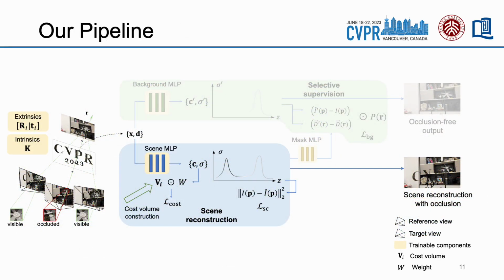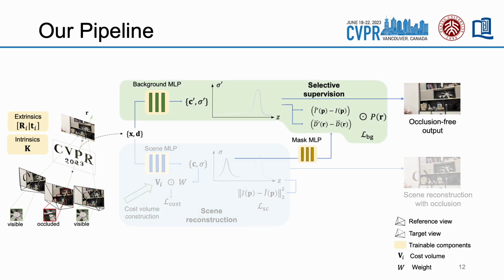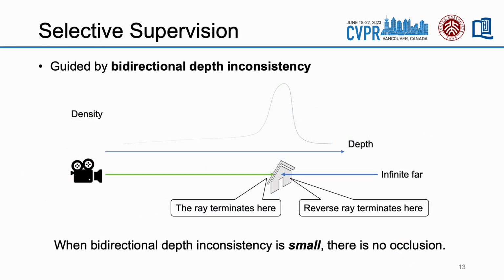With the aforementioned joint optimization, we can obtain an accurate scene reconstruction result. Next, to remove the occlusions, we propose a selective supervision scheme, where the rendering results of the background MLP are not supervised in the masked region. But first, let's look at an intuitive definition of occlusions. In this illustration, looking at the object from the camera, and from infinitely far, yields two expected ray termination depths.